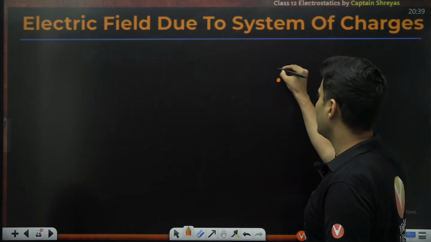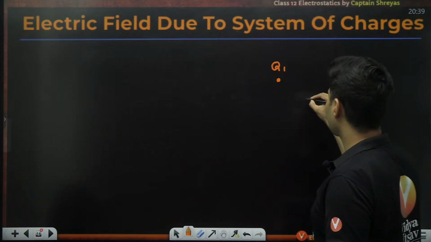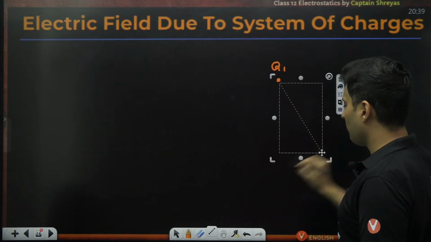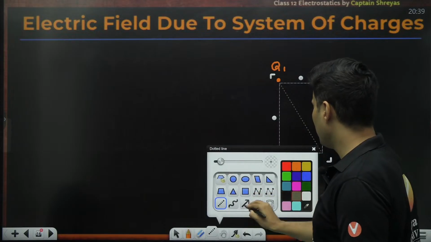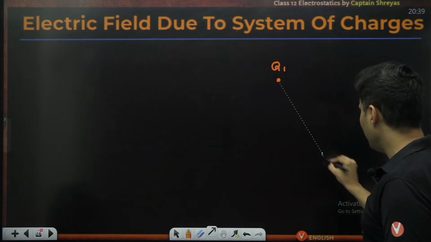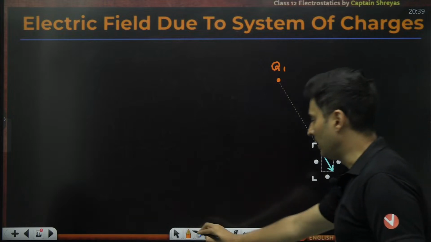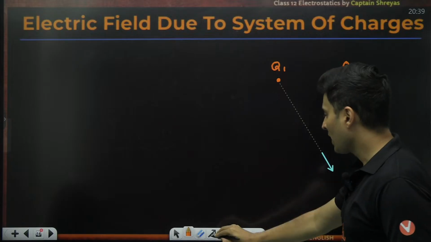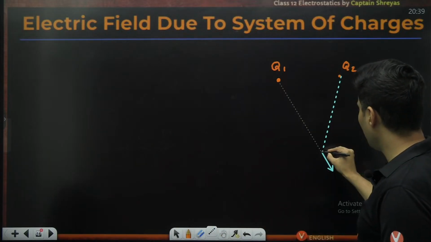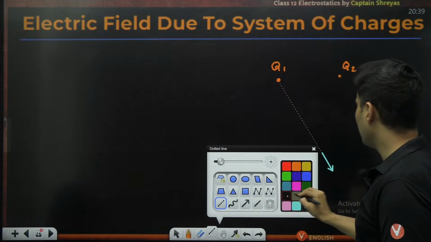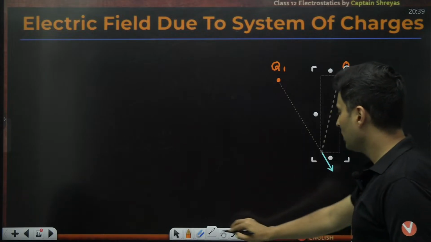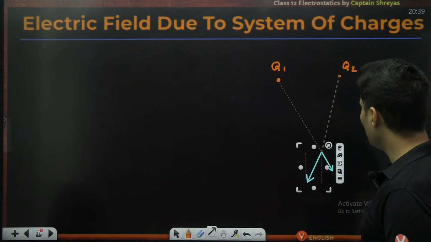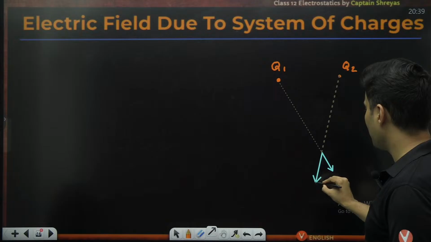Imagine there is one charge Q1 over here. That charge at this particular point maybe gives rise to some field like this. Now there is another charge over here, I can call it Q2, and at that same location it is going to give another field, let's say E2, in this particular direction.